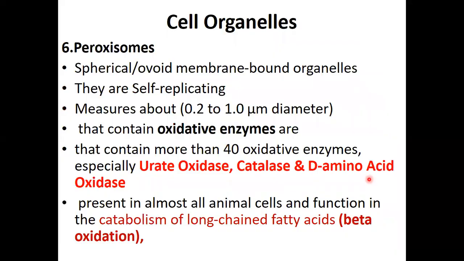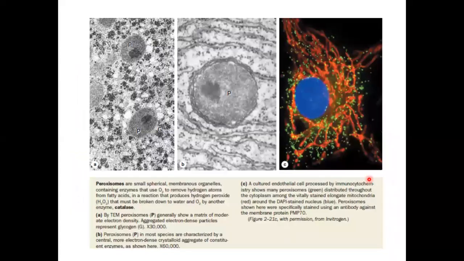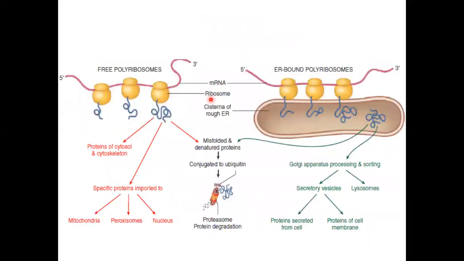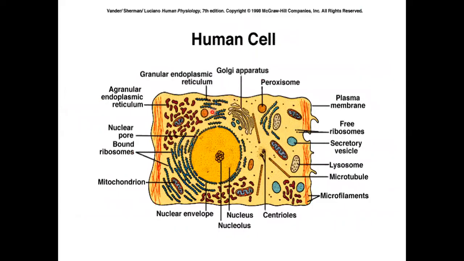We look at peroxisomes. So peroxisomes are also membrane bound. They are surrounded by a membrane. Now, these organelles are very small. You can see them here. Peroxisome, peroxisome, peroxisome. If I take you to this diagram, we can also identify them here. These are peroxisomes.